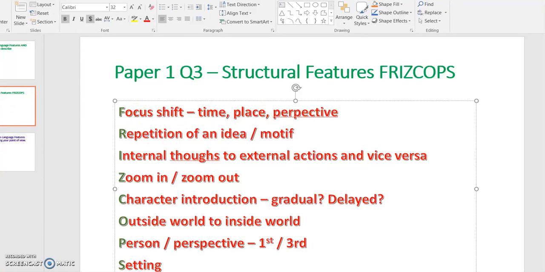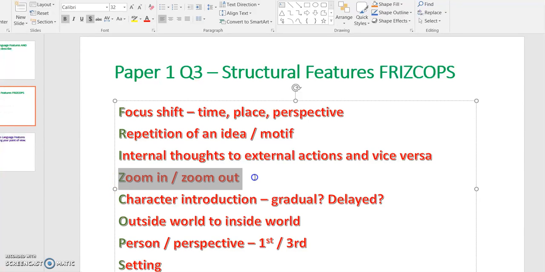So a shift in focus, perhaps it changes from one time to another time, or one place to another place, or one perspective to another. From one character's perspective to another character's perspective, perhaps from first person to third person. It doesn't often happen that way, but repetition, internal thoughts to external actions and vice versa. Zooming in and zooming out on particular details is quite a good one, probably one to really remember.